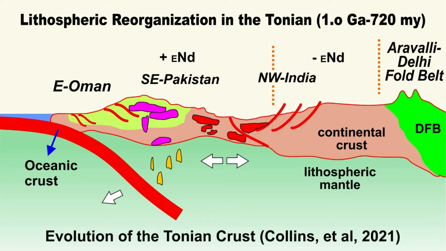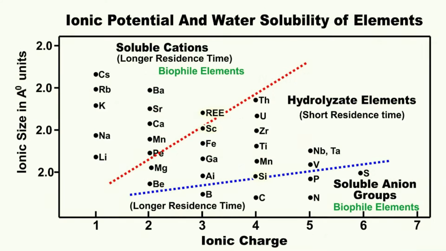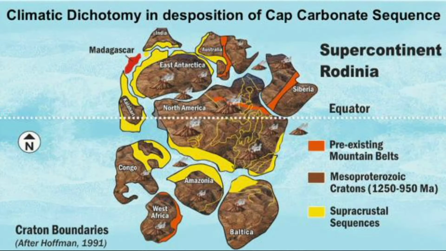Since the Tonian crust consisted of both felsic and mafic intrusions, the interaction should have released and dissolved elements like sodium, potassium, calcium, magnesium, iron and manganese, adding to the salinity and alkalinity of the opening Cryogenian oceans.